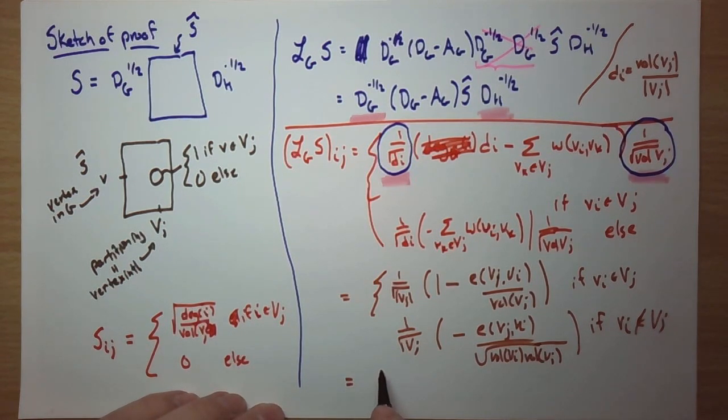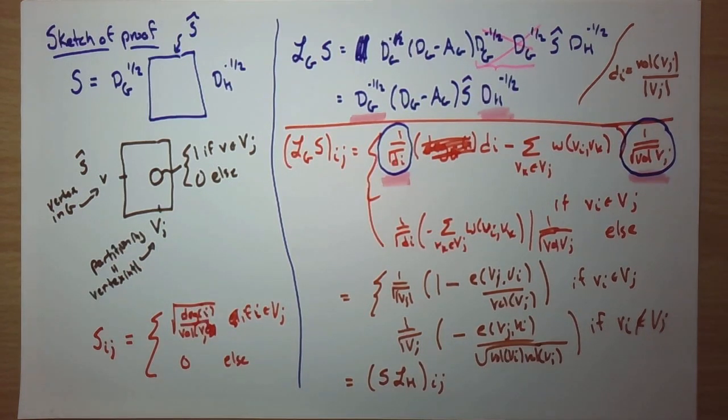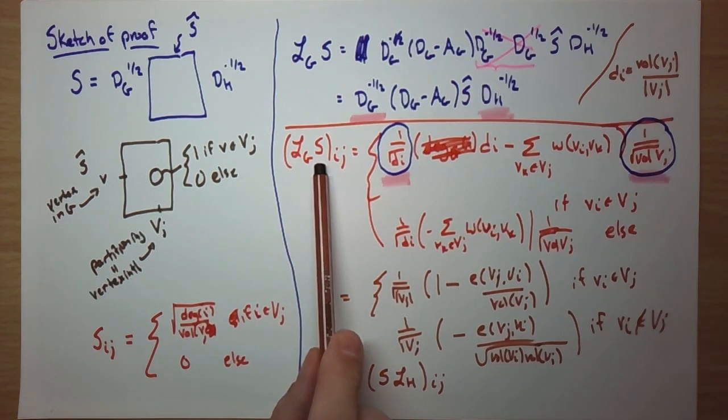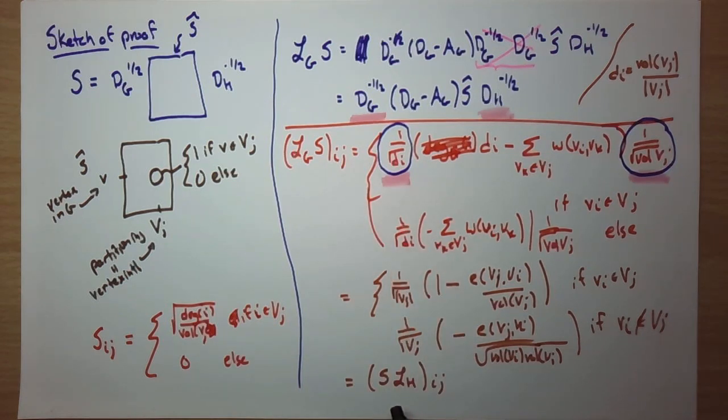Before you run out the door, the moral is this becomes S L hat, or sorry, S times the Laplacian of H, entry ij. So when we multiply on the right by S versus if you multiply on the left by S and compare entry-wise, we get the same thing.